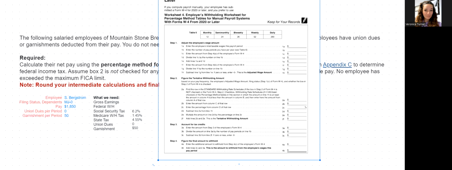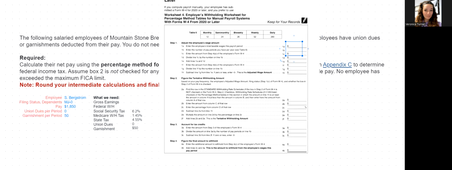So let's see. Let's try texting. It might go off lines, but I'll try my best to keep it together. Okay. So we do know that his wage is the $1,850. Since he is semi-monthly, his pay periods are going to be 24.